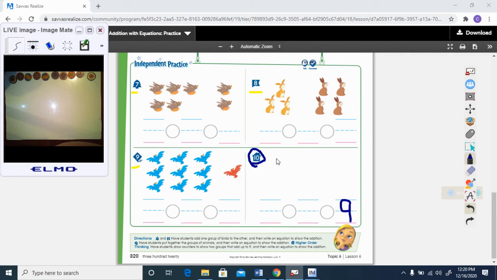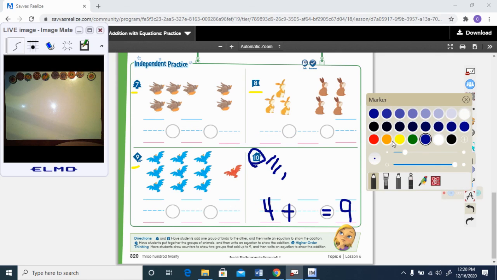So we can draw any number we want that's less than 9. Let's draw 4. 1, 2, 3, 4. We are going to write 4 here. We know we have to add up, and add up means it has to equal 9.